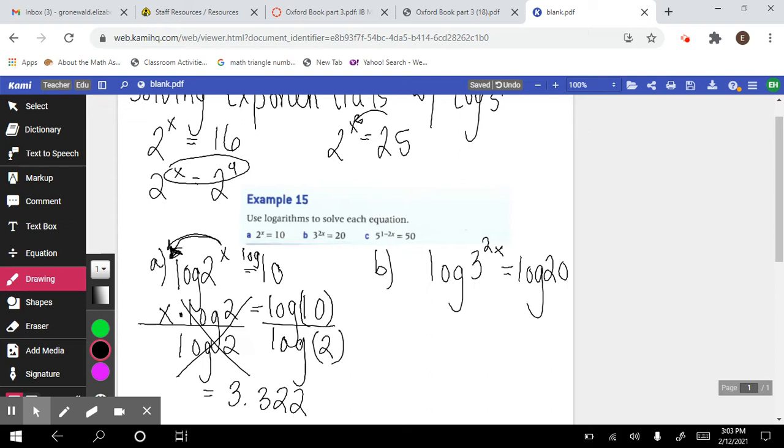We don't write them. Our calculator is already in base 10. So our power is going to jump to the front because that is one of our log rules that says that we can do that. So I have 2x times log 3 equals log 20. And now I can divide.